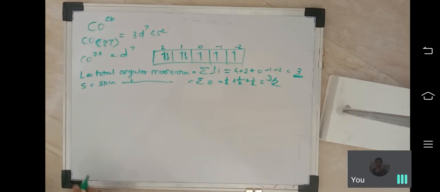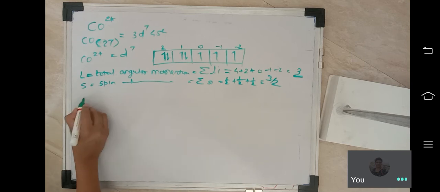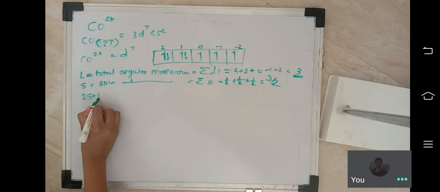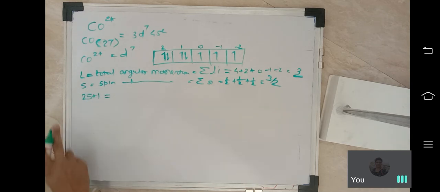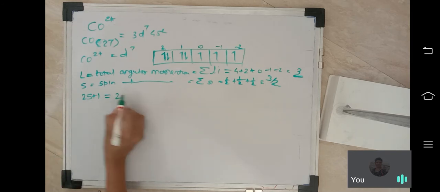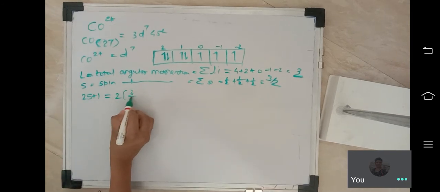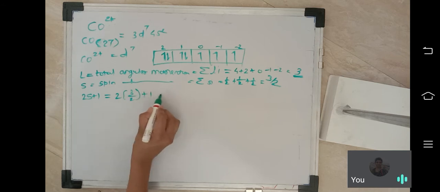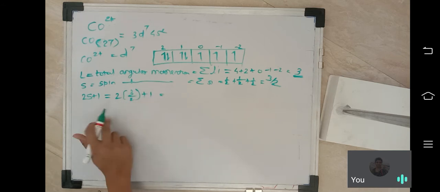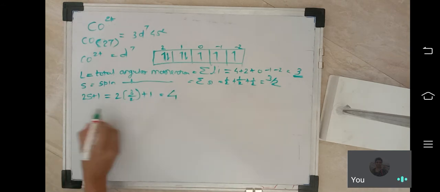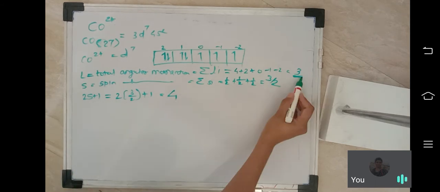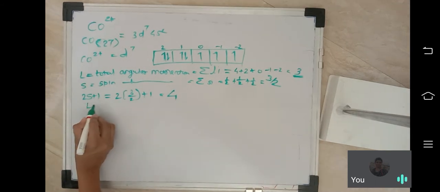Then by using the formula 2S plus 1, you just find out the value of 2S plus 1. What is the value of S? 3 by 2. Put the values and we get the 2 cancelled, the answer is 4. And L is equal to 3.